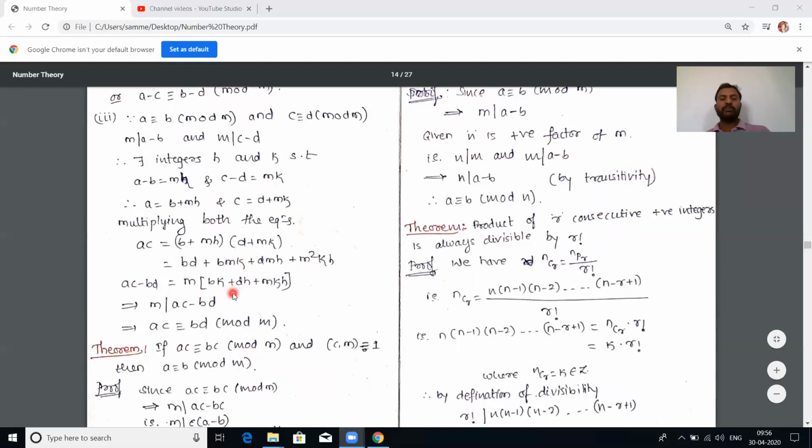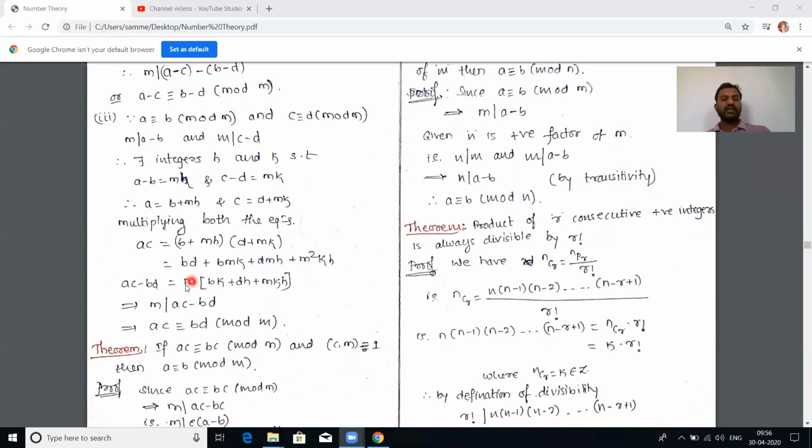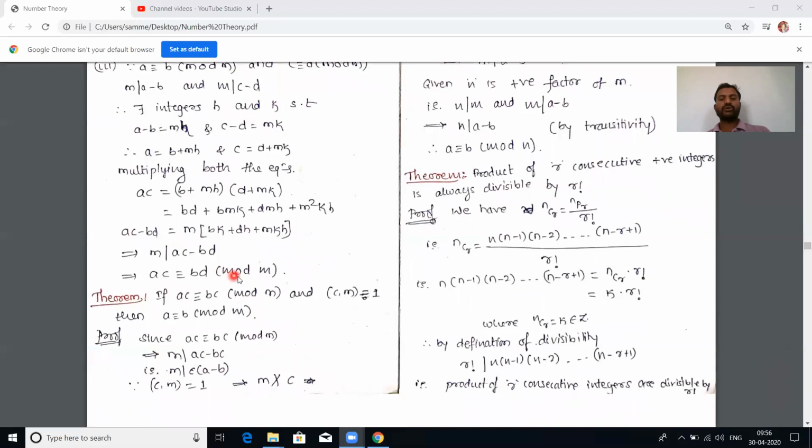So it is m into bk plus dh plus mkh. Now ac minus bd is equal to m into, whatever is in the bracket is any one integer. So therefore, by using definition of divisibility, we can say here m divides ac minus bd. As m divides ac minus bd, by definition of congruence, ac is congruent to bd mod m.